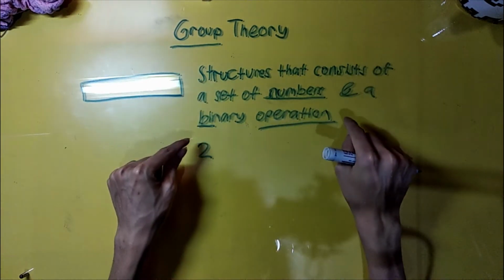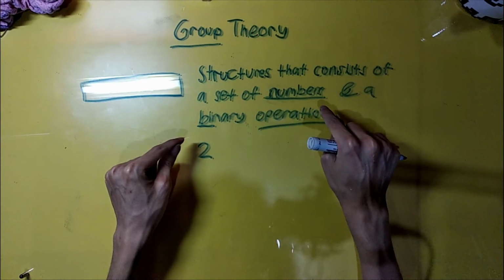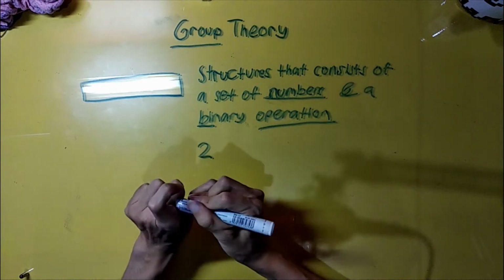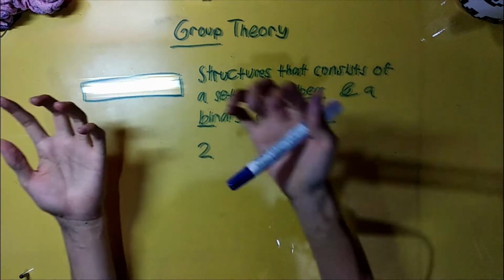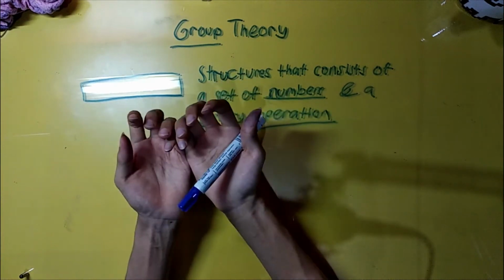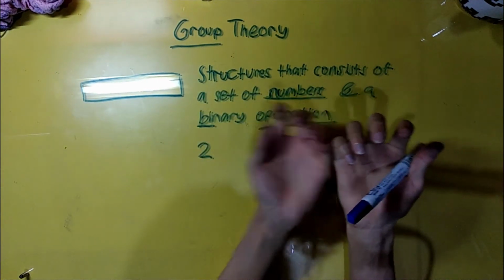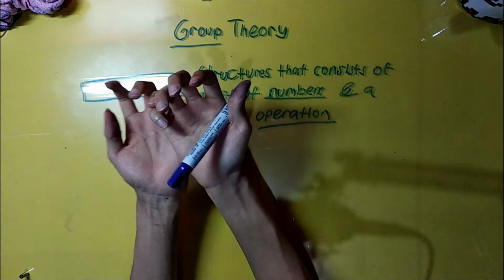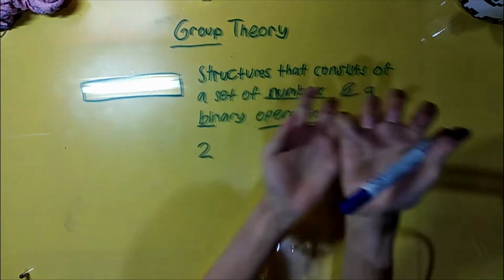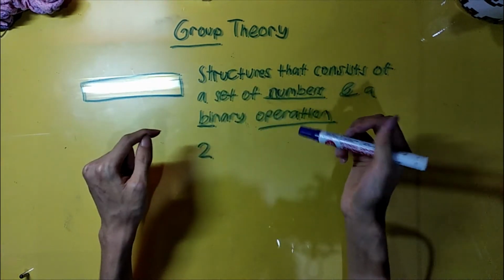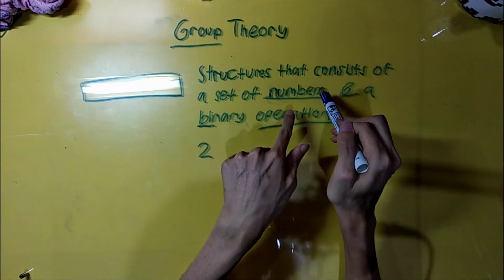Now in this definition, we're using numbers, but again, like I said, it can mean anything. It can be an operation that takes 2 matrices and combines them and forms another matrix, like when you multiply matrices together to get another matrix. So right now we'll just be dealing with numbers instead.